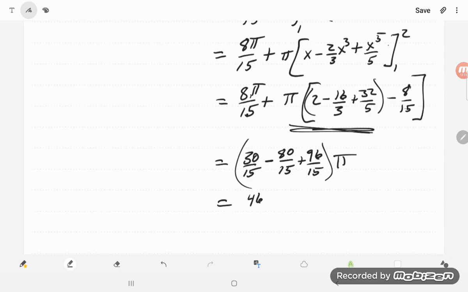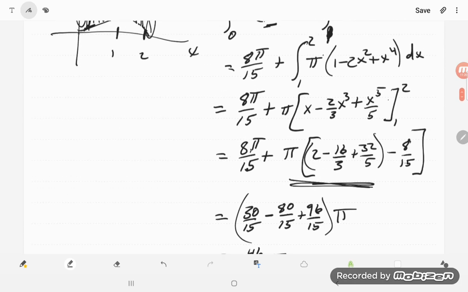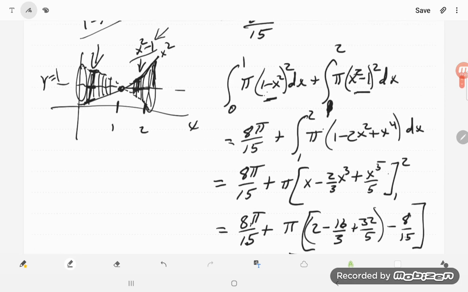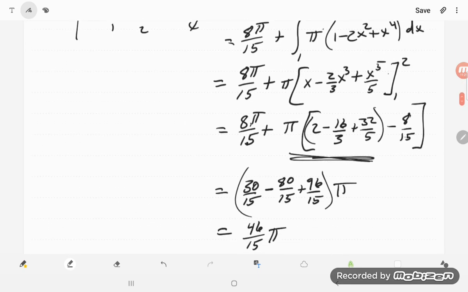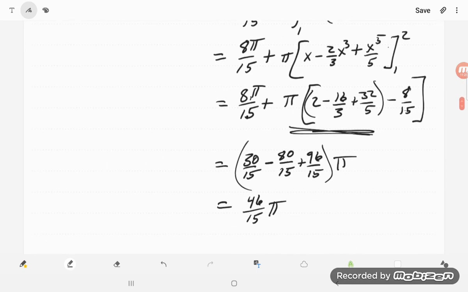So 46 over 15 pi. And that would be the volume of this more hourglassy looking thing. Okay, so 46 over 15 pi. All right, and so this is the idea of rotating about some axis other than the x-axis or the y-axis.